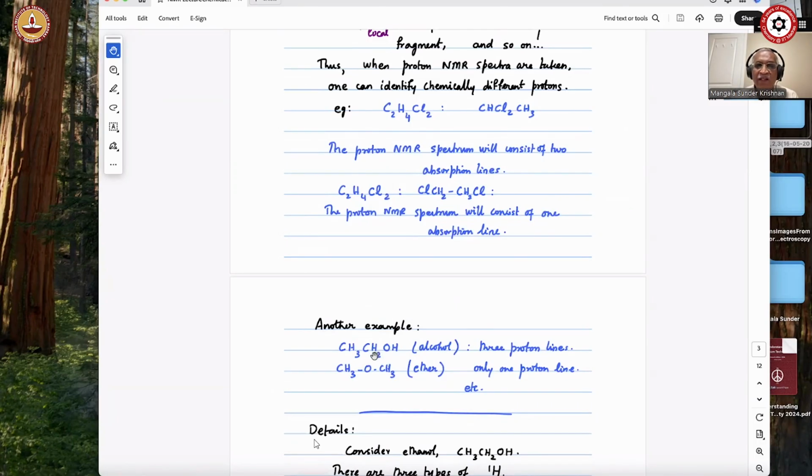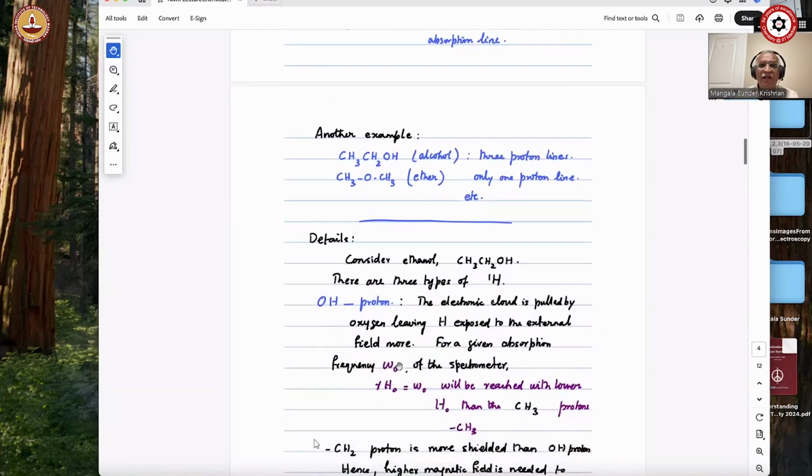This is the methylene group, CH2, and then there is the methyl group. So you will see 3 proton resonance lines. And in the case of ether, which has the same molecular formula, CH3OCH3, you see that the ether has only 1 proton line because both methyl groups have exactly the same chemical environment.